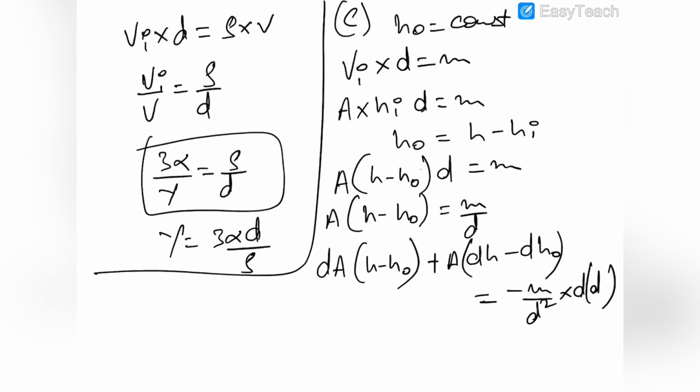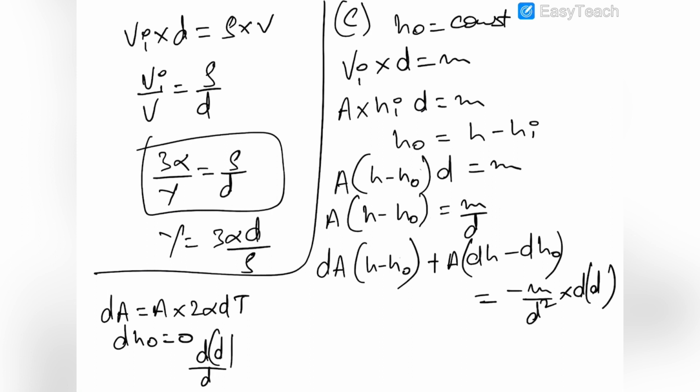Okay, now what we can do, we know that dA is A into 2 alpha dt, because the areal expansion coefficient of an isotropic solid is 2 alpha, and d of HO is 0, and we know that dd by d is equal to minus gamma dt.